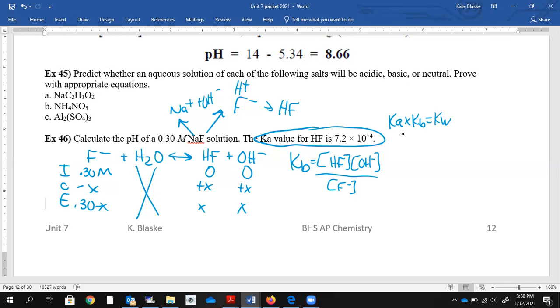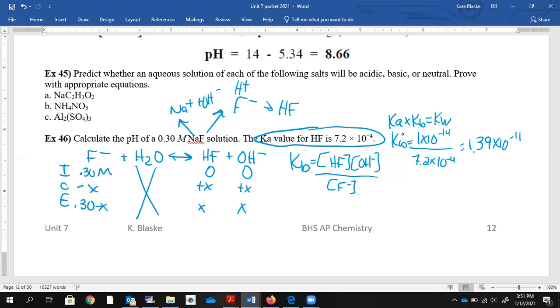If I divide that by my Ka value, I can find my Kb. 1 times 10 to the negative 14th divided by 7.2 times 10 to the negative 4 is going to give me my Kb value. Gives me 1.39 times 10 to the negative 11.